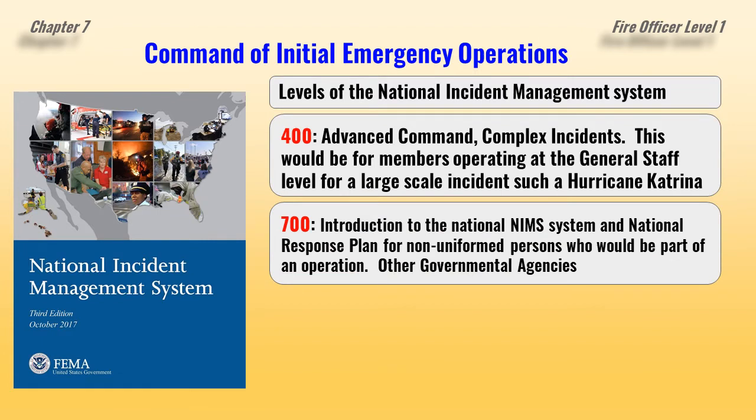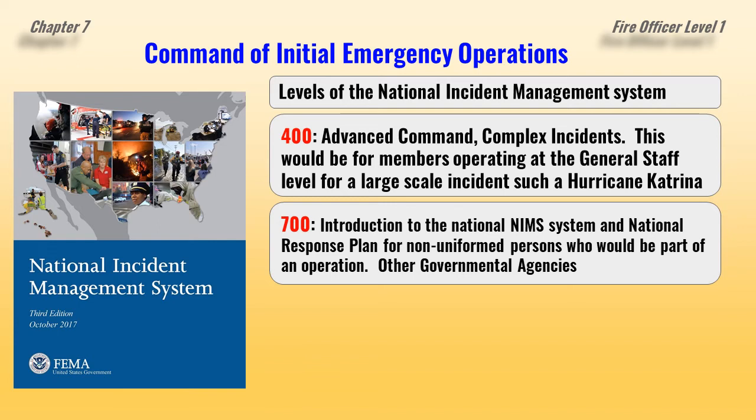Then we talk about ICS 700. Now again, just because the numbers get higher doesn't mean it's more intense. So 700 is just an introduction to the National Incident Management System for non-uniformed persons who will be part of an operation.